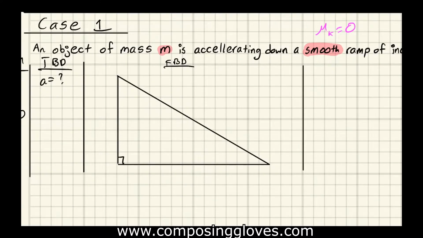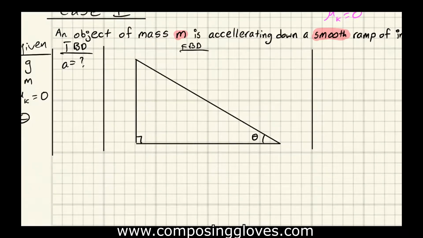We know it's 90 degrees, it's perpendicular. And we always put down our theta. So there's theta. And we're going to talk about this whole theta business in a little bit. But we have theta. Now our next step is draw a box with a big dot. This is where all our forces are going to come from.